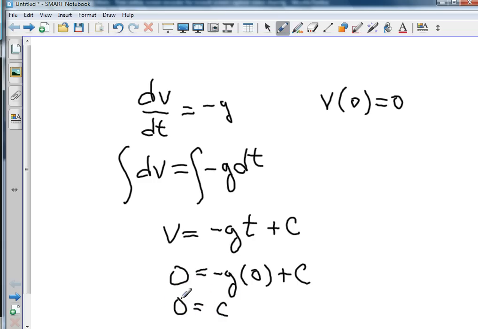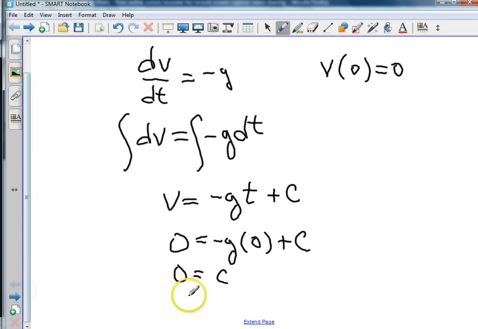It doesn't always have to be. Sometimes c is something important you need to know. Okay? So your general solution is this, but your particular solution is v is negative gt plus 0. You don't have to write the plus 0, but there you go. All right, so there's your general solution, a whole family of curves, and a particular solution, the one curve that goes through that point.